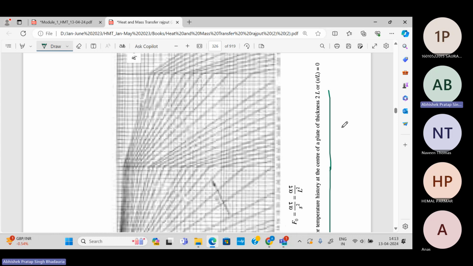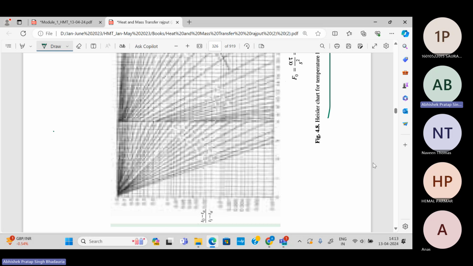If we need the temperature at a location other than the mid plane, then first we use the Heisler chart to find the parameter T naught minus T infinity divided by Ti minus T infinity, and then with the help of the correction factor chart of that particular geometry.